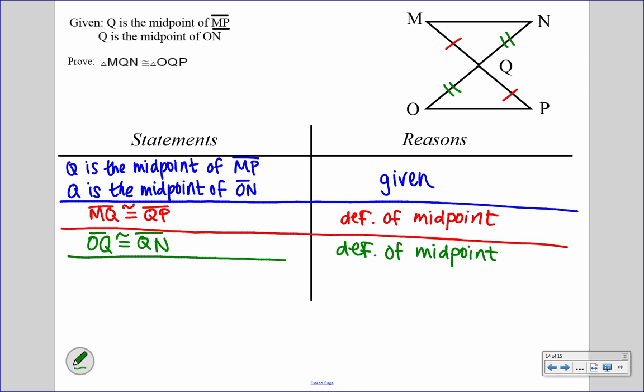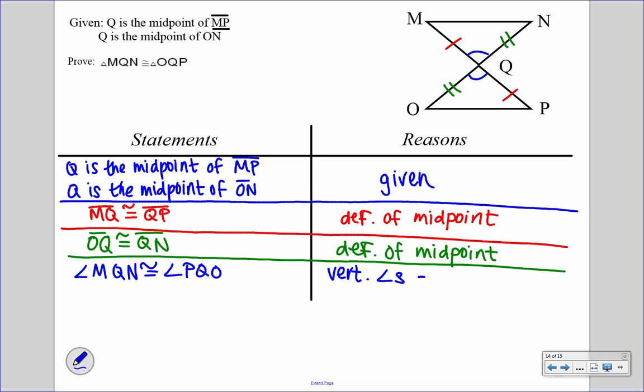And our last one is we can look at the picture and we have vertical angles right here. We have vertical angles. So we can write down that angle MQN is congruent to angle PQO. And that's our vertical angles congruence theorem.